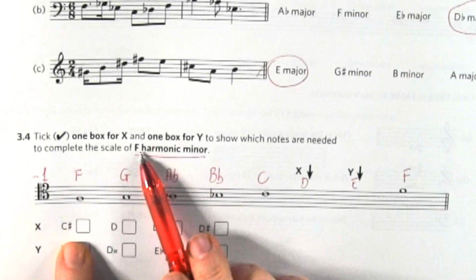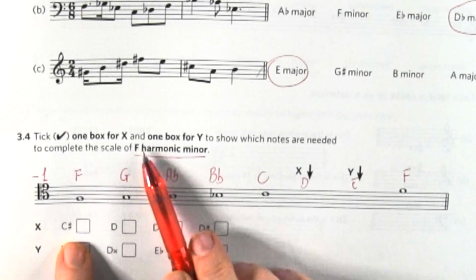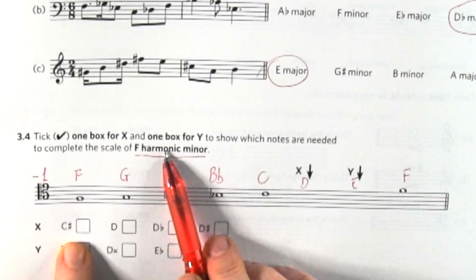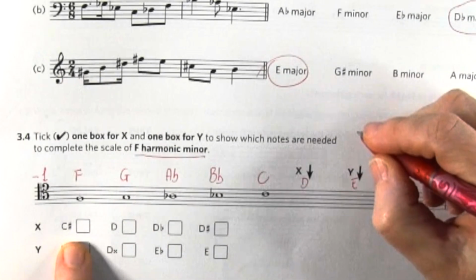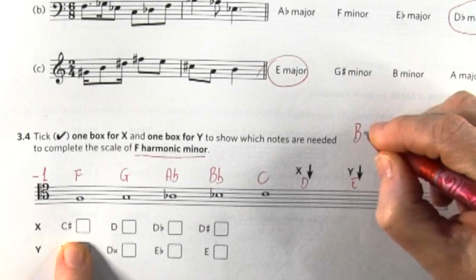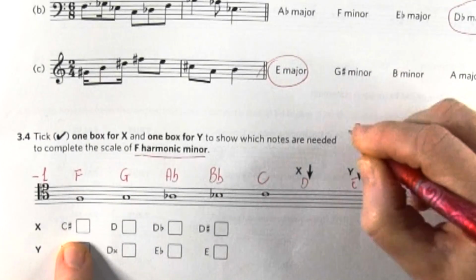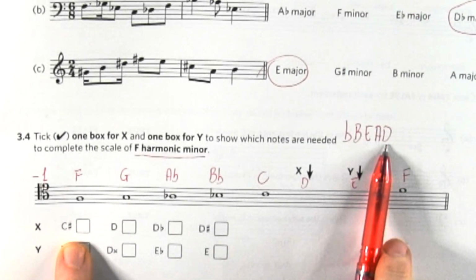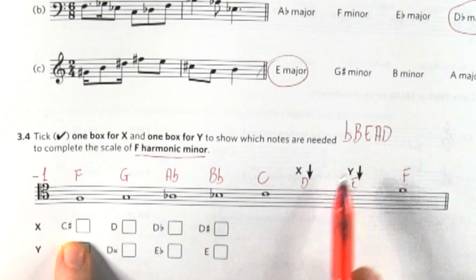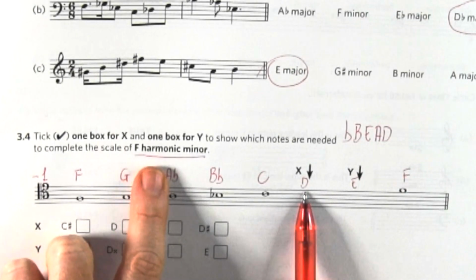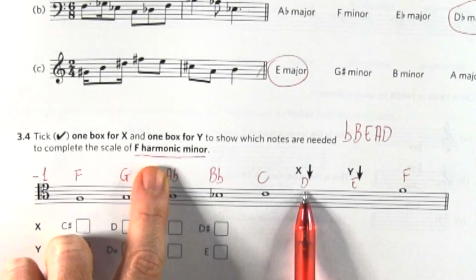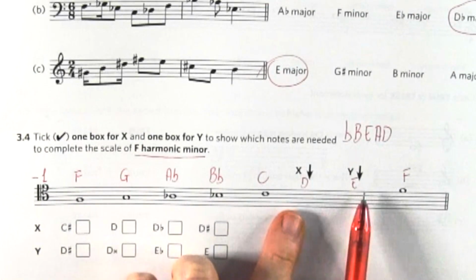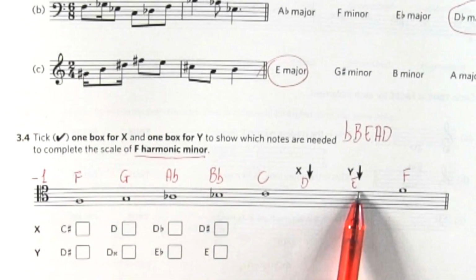Now, F minor is the relative minor of A flat major, 3 semitones above, and A flat has 4 flats. Si, Mi, La, Re. Okay. Now, we have Re here. Is it flat? Yes. So it should be flat, but we have a harmonic minor scale, so the leading note needs to be raised, only that.